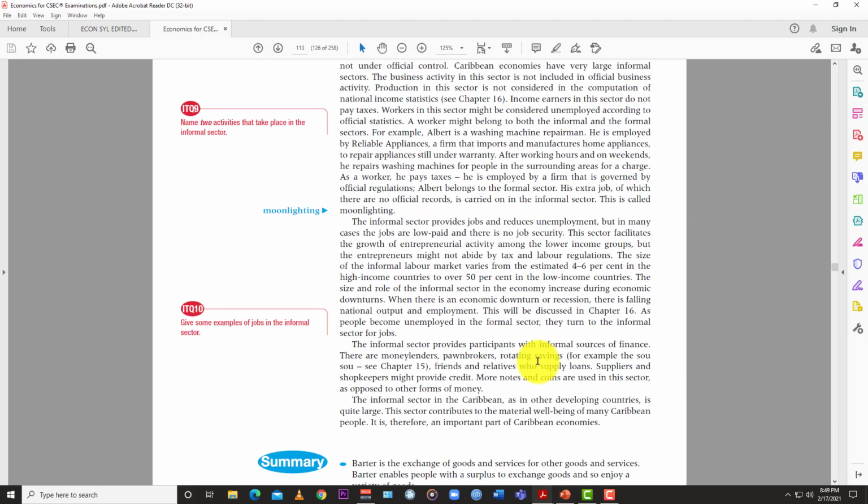And don't get me wrong, this sector, the informal sector or the underground economy, has its place in any economy, because you cannot always want to go through all of the red tape, reporting this, reporting that, paying that tax, paying this tax for a little small side hustle. So you don't really want to be a part of all of that. Sometimes the national statistics might say X amount of persons are unemployed, when the reality is maybe they just turn their hand.